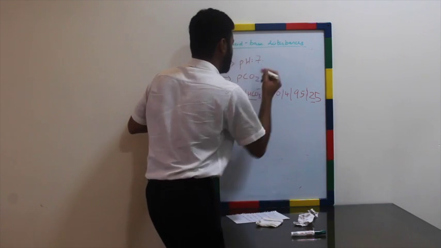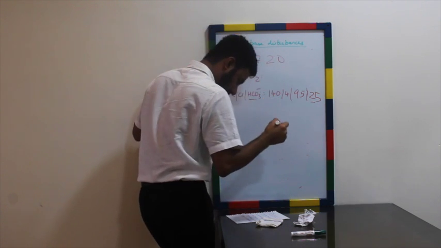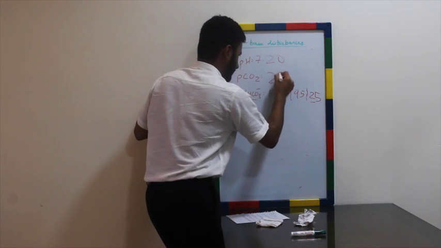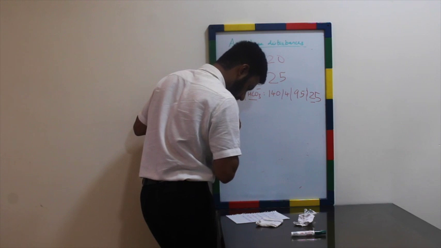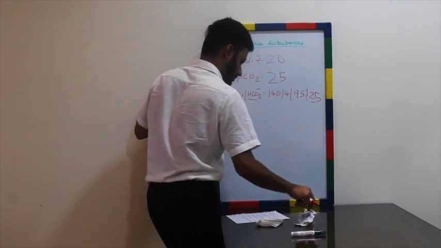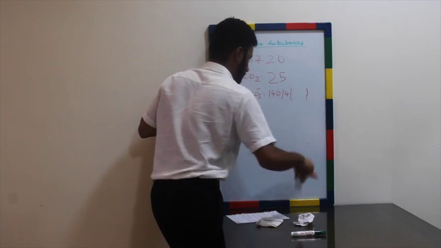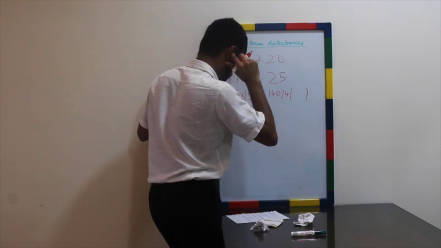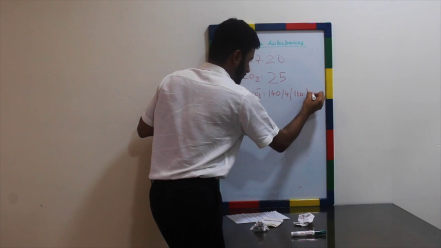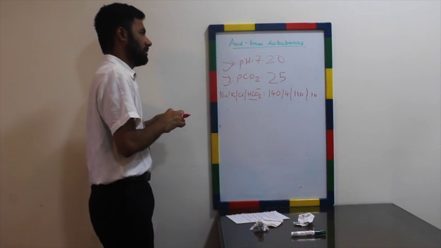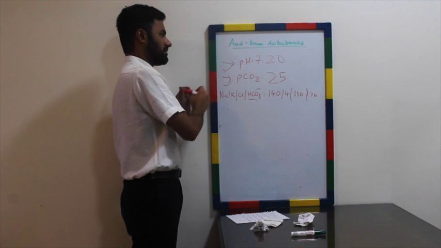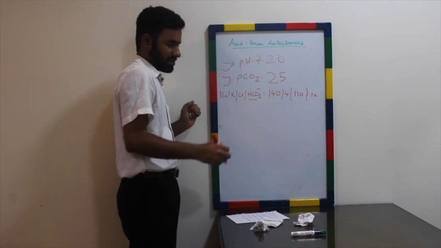Again, this is interesting. pH is 7.2, PCO2 is 25. So you have a primary metabolic disorder because the pH is decreased and the PCO2 is decreased.